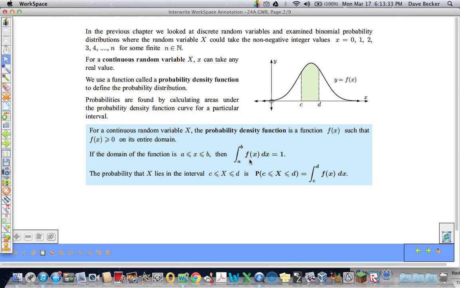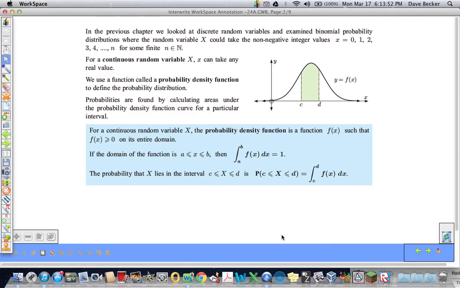So the integral from a to b of f of x, where f of x is the probability density function, is going to be equal to 1. And the probability that a random variable x lies in a particular interval, let's say from c to d, is given by the area under that curve. That would be the integral from c to d of that function.